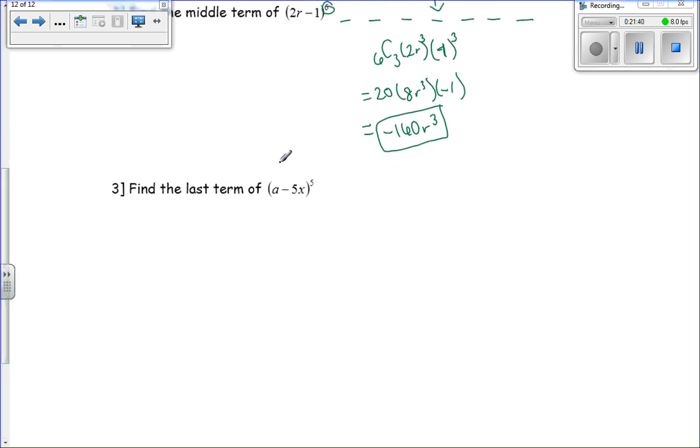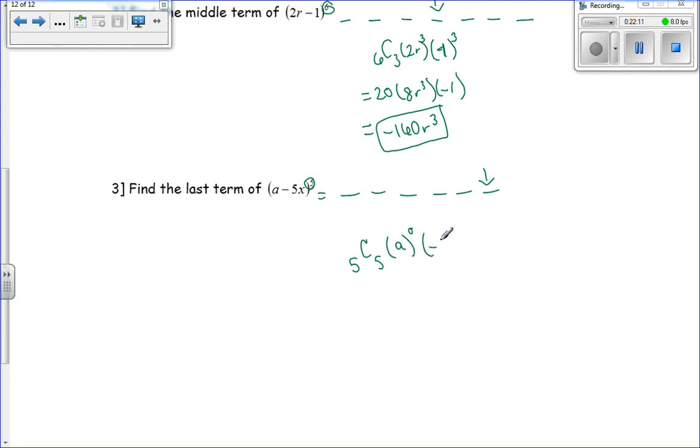Last one. Find the last term of a minus 5x to the 5th power. So it means I'll have 6 terms. 1, 2, 3, 4, 5, 6. So we're finding the last term. So it's going to be 5c5, a to the, well, let's think about it, 5, 4, 3, 2, 1, 0.